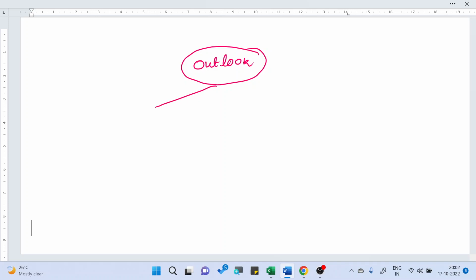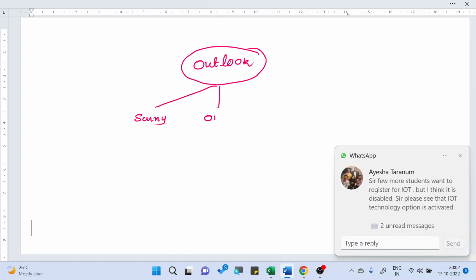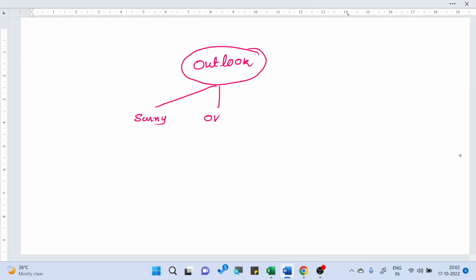3 values. What is one value? Sunny. Another value, overcast or cloudy. Then another value, rain.